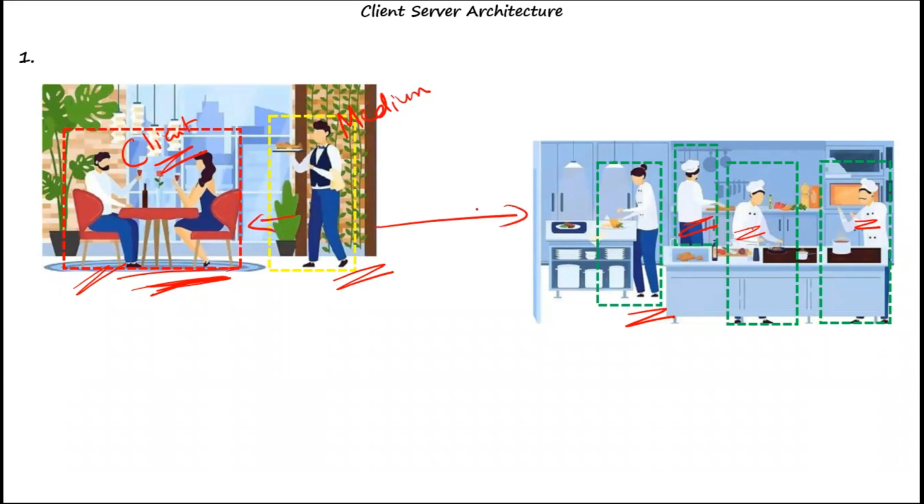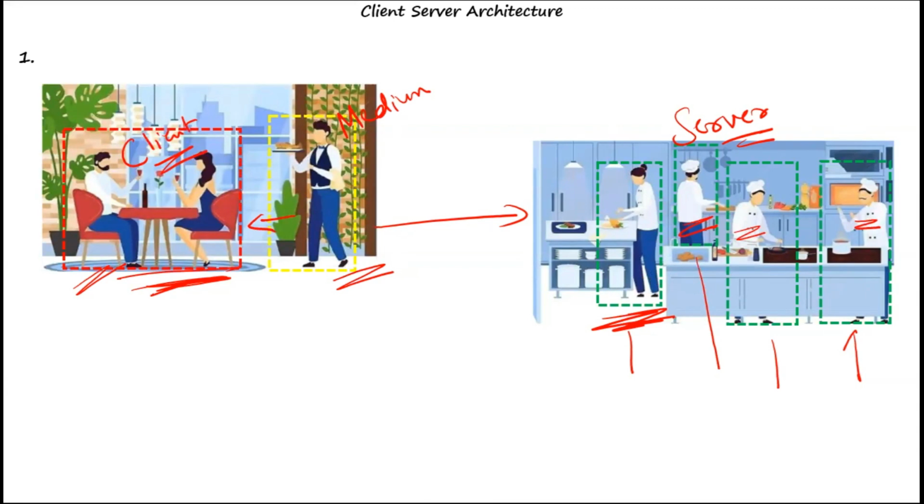It goes from client to the chefs. The chefs become the server. Why are chefs servers? They are the information source. They hold the data of a particular recipe. They know how to make a particular recipe. So these are 4 different servers over here. One is for non-vegetarian recipes, one is for vegetarian, one is for your salads, and one is for your drinks.